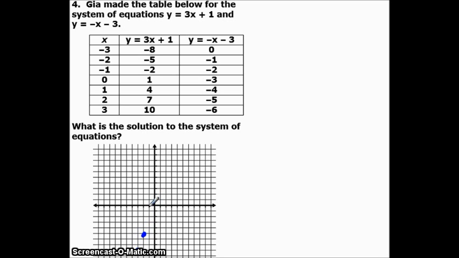Negative 1, negative 2. 0, 1. 1, 4. 2, 7. And 3, 10. So there's my first line.